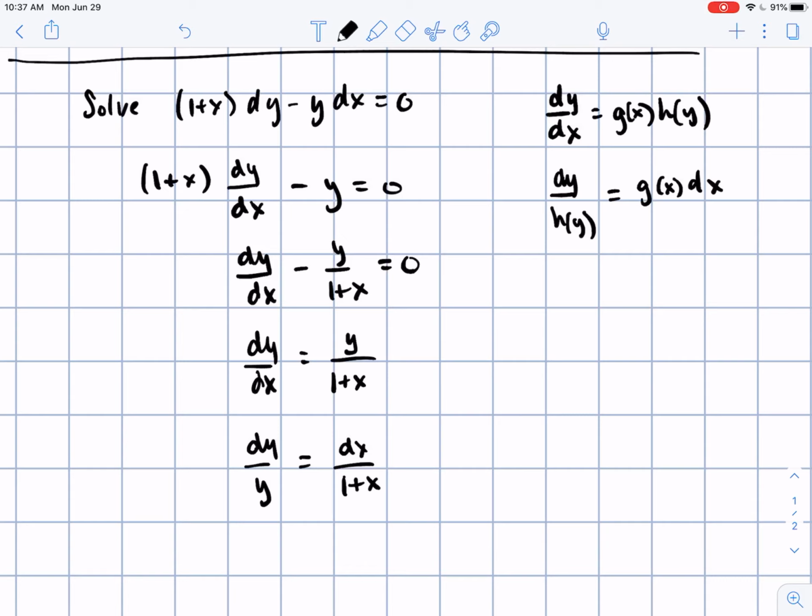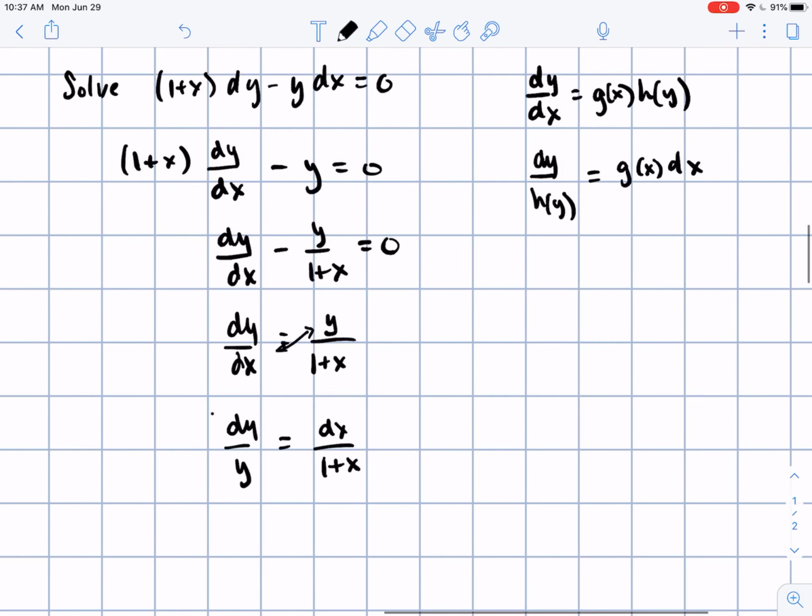Basically just flip-flopping the y and the dx, like a cross-multiplying type operation. I might just go right to here, which is fine. If you can see that right away, I would prefer you do that as quickly as possible. But if you need to see the steps and it's safer and you want to get questions right, especially on a test, you might want to go through and make sure you're doing this correctly.